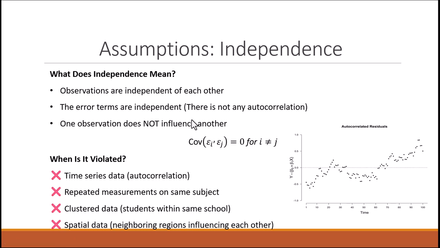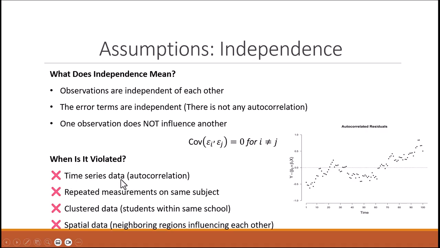So one observation does not influence another, and the covariance of the error produced by developing the linear regression model for one observation, against the error of another observation, should be zero. So this is very important.